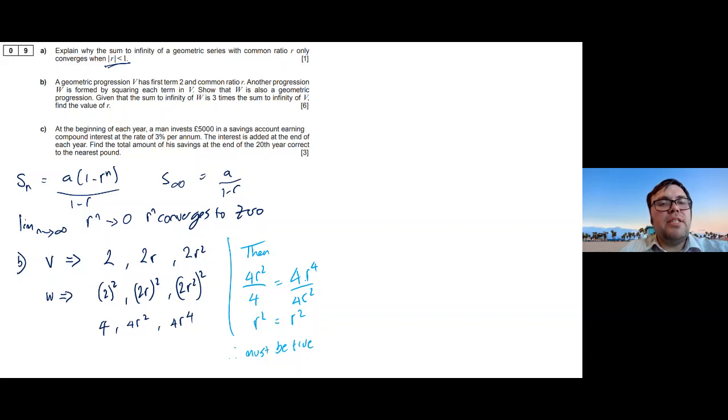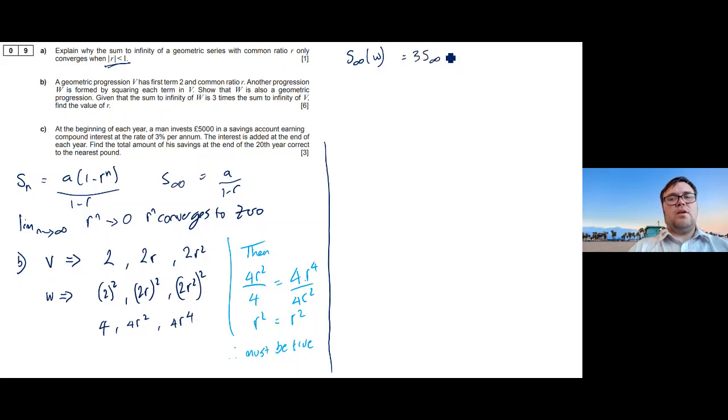Given that the sum to infinity of W is 3 times the sum to infinity of V, find the value of r. So what it's saying is the sum to infinity of W is equal to 3 times the sum to infinity of V. Well, if that's the case, then we just need to work out using the formula from above.